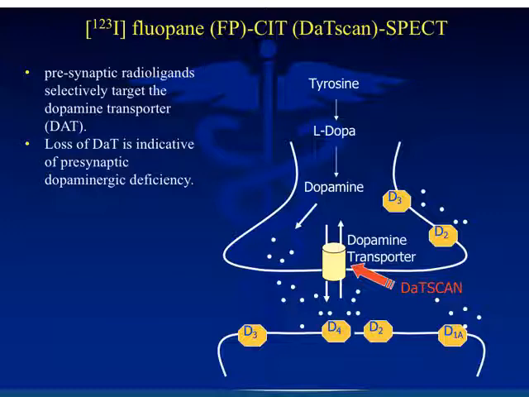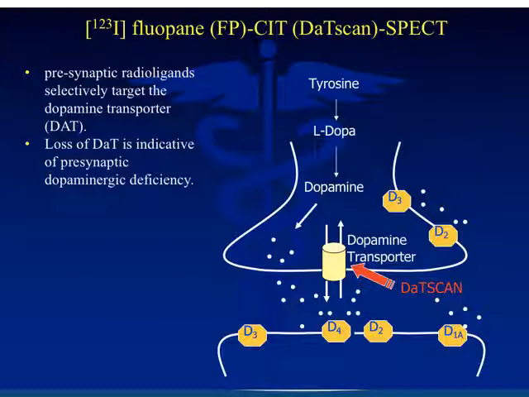The function of the dopamine transporter is to reuptake the dopamine back into the presynaptic neuron in order to reuse the dopamine. And loss of dopamine transporter is indicative of presynaptic dopaminergic deficiency.